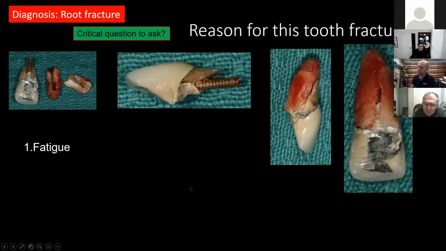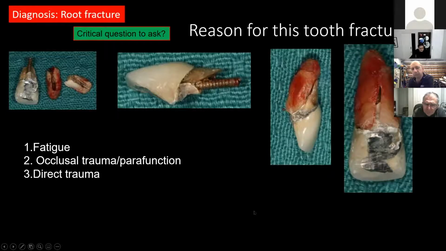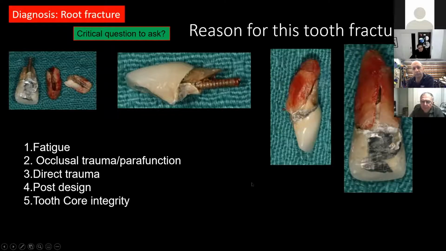Those are little things we need to understand. Root-treated teeth generally have higher fatigue and a low water content, so they're more brittle. And then there's parafunction. We need to understand that teeth are different from implants.